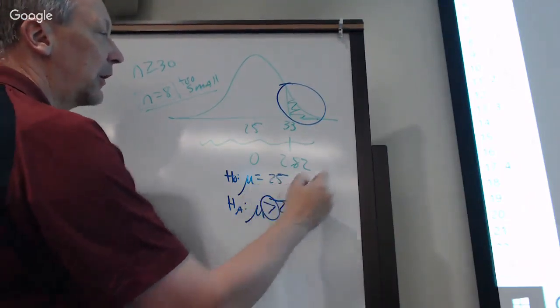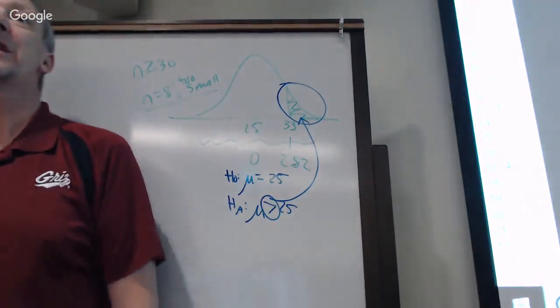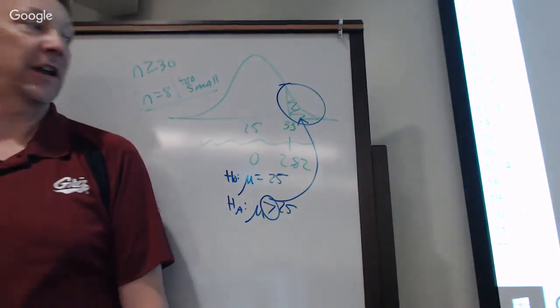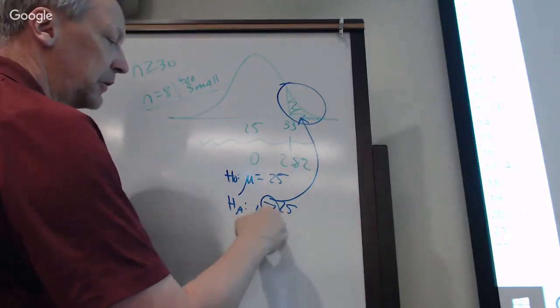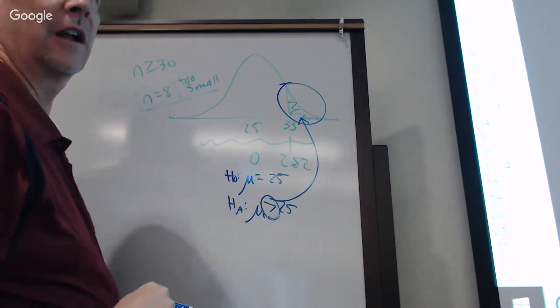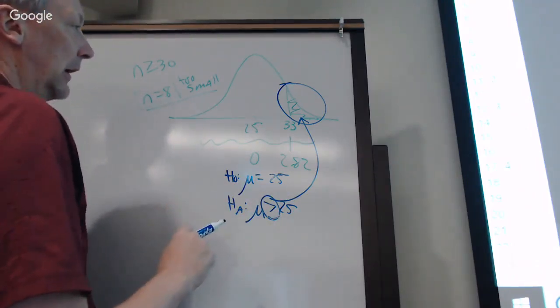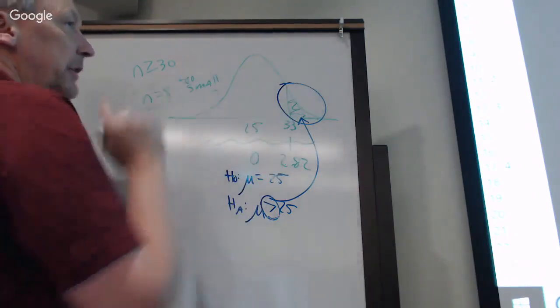This greater than corresponds to that right tail. So that's how you know it's a right-tailed test, because of the greater than sign. I don't want you to think that's an equals though. You should never put an equals on your alternative hypothesis. So in this case, we want the right tail.